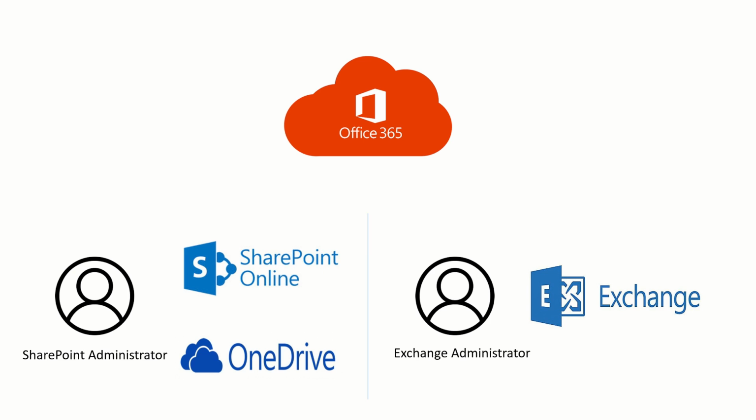Okay, so we have default roles like SharePoint administrator and Exchange administrator, but the underlying concept here is just to prevent unauthorized access. So if there is a person who knows how Exchange works and doesn't know how SharePoint works, then as per the skill set of that particular administrator, giving him the privilege to manage SharePoint would not make any sense.